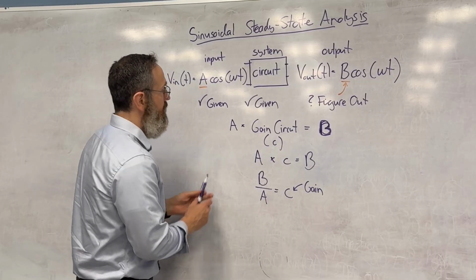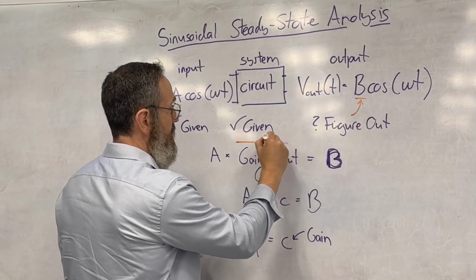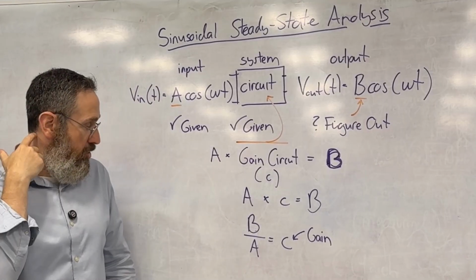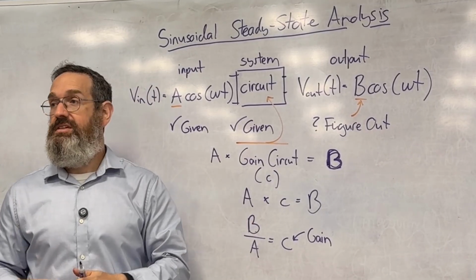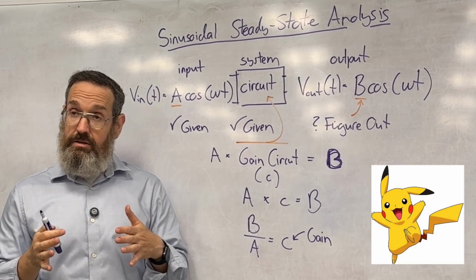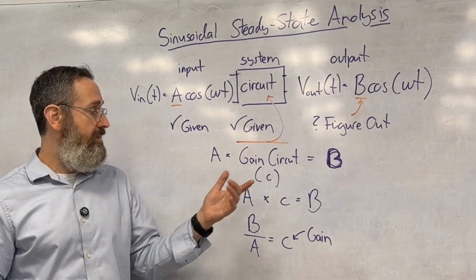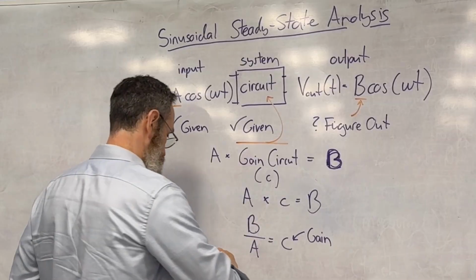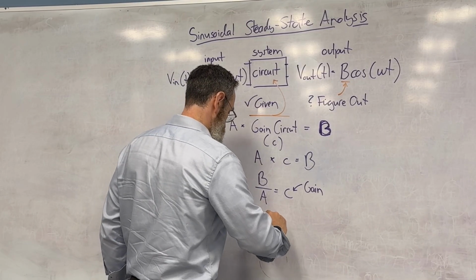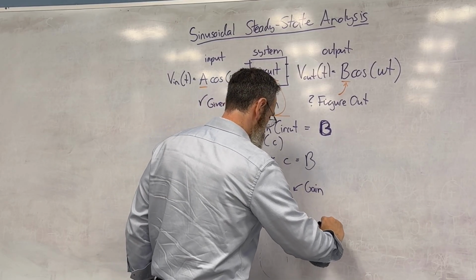C, or the gain, is a function of the circuit. So for every circuit, you get a different C. So in fact, to win sinusoidal steady state analysis comes down to a simple task, which is to determine the C for the circuit.